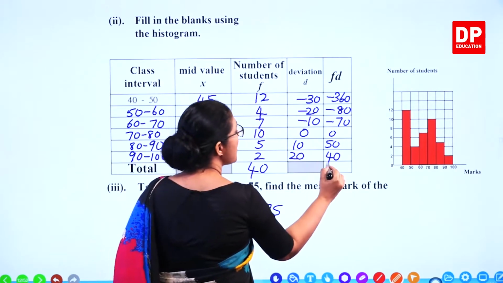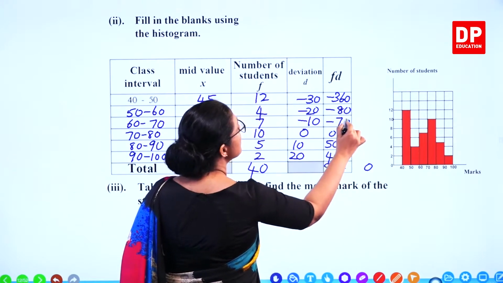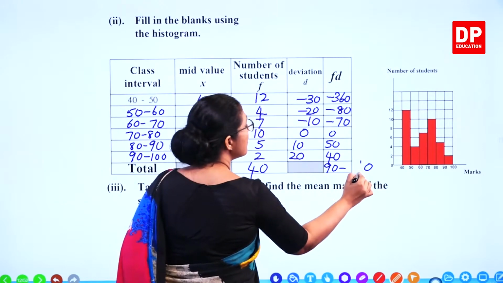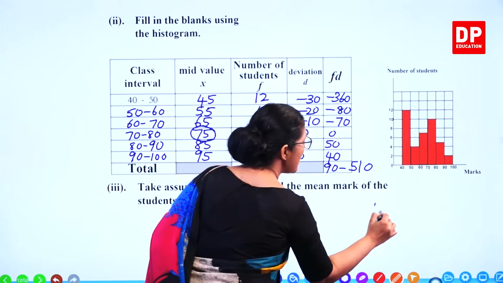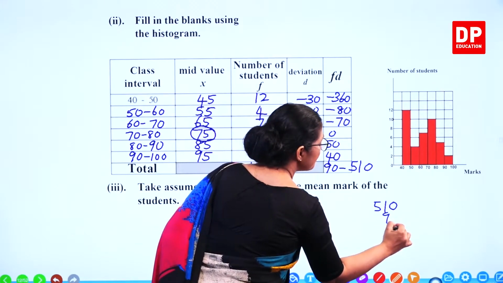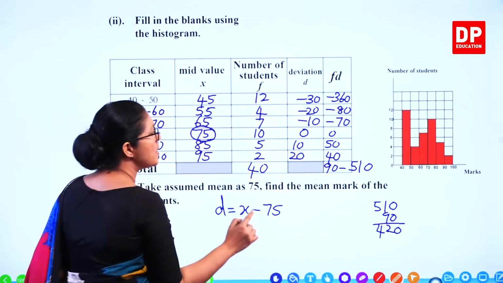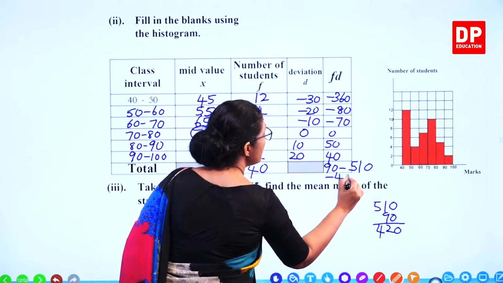So what happens? You get positive 90. Negative numbers, when you add, you get 8 plus 7, 15, 21. 2 remaining, that's 5. 510 minus 90 is 420, but it's negative, so minus 420.